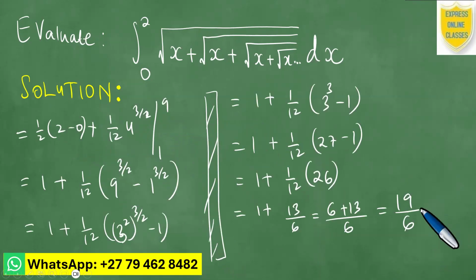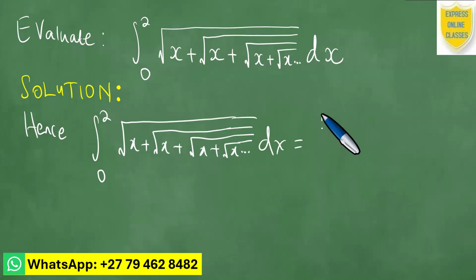It is exactly 19 divided by 6. And this here is the final answer to this particular question of the nested radical. And we have solved this particular question step by step.